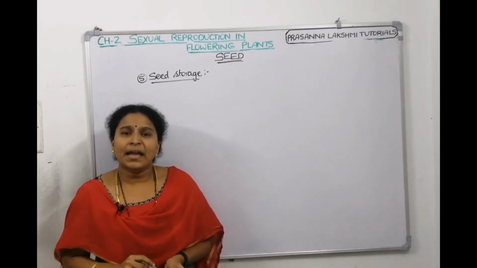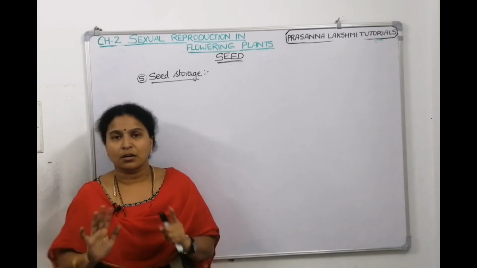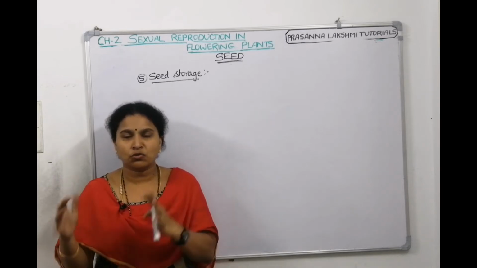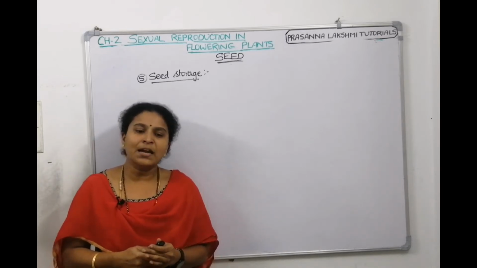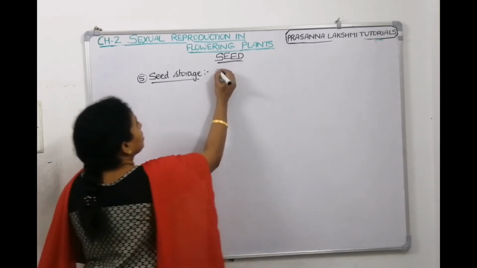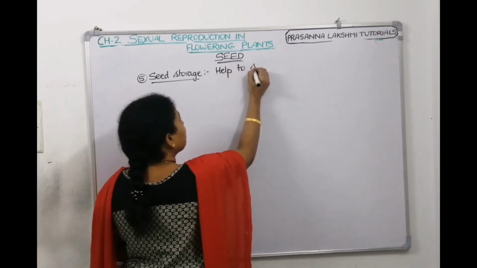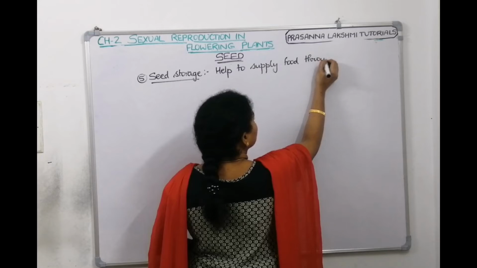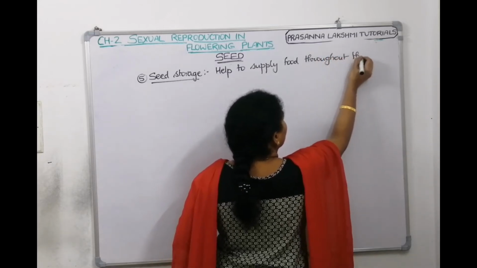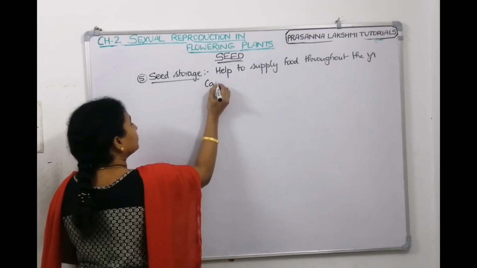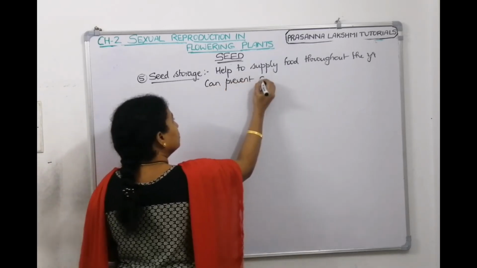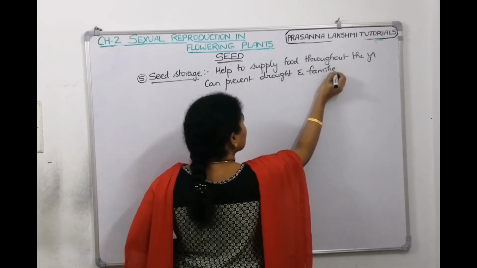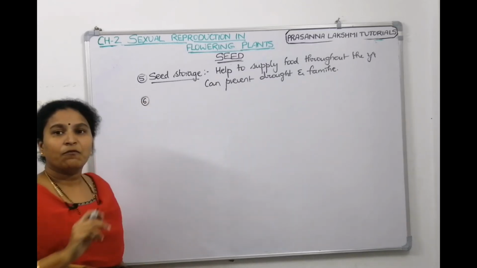Seeds help to supply food throughout the year and they can prevent drought and famine conditions also, right? Since you can store them and supply them, we can prevent drought and famine.